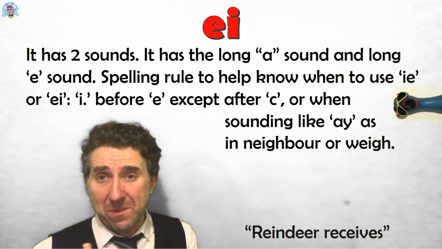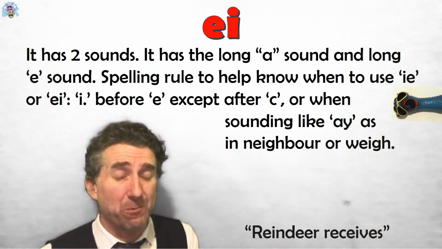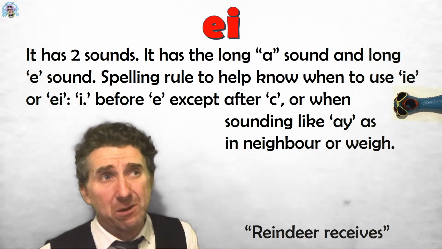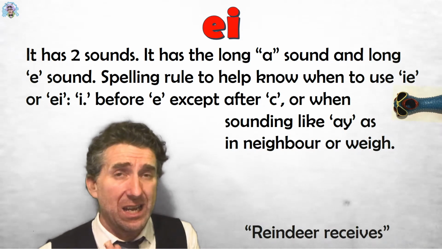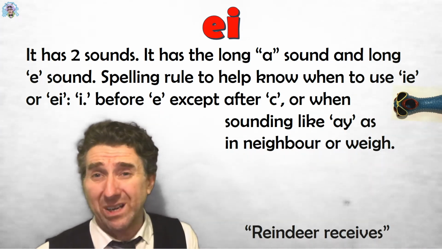Okay, so a little bit of a complicated rule, but it will help you out with certain words like receive. Okay, you hear receive, you know that EI and IE both make long sounds, but which one should you use?